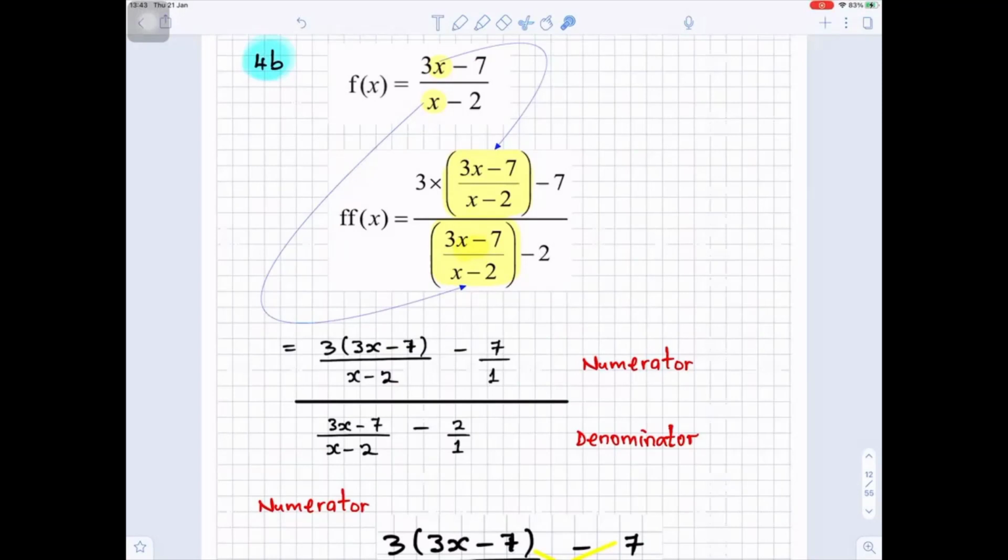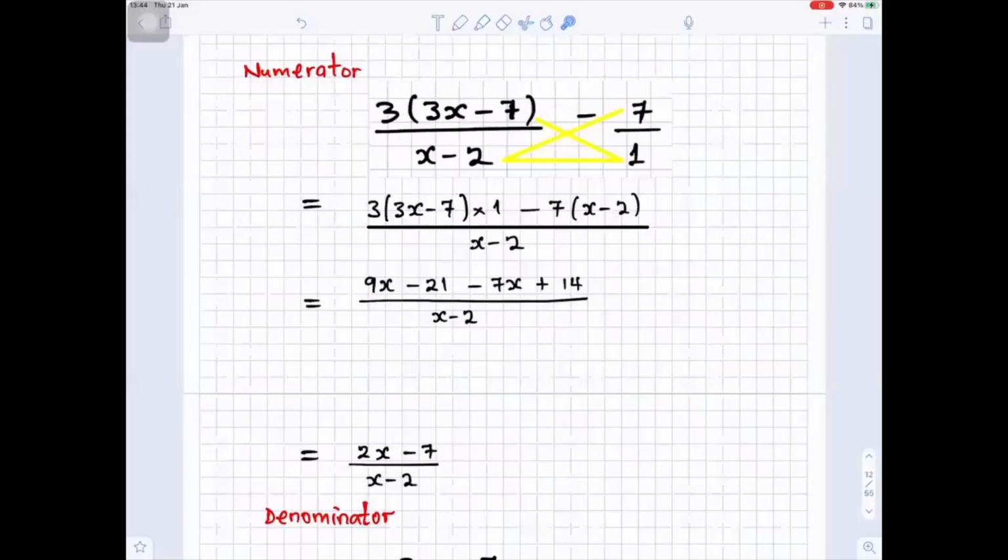Now we're going to do this type of question. Let's work with the numerator first, simplify it, and then simplify the denominator, and then put them together. So to do the numerator, we cross multiply, following those yellow lines. It will be 3 times 3x minus 7 times 1 minus 7 times x minus 2.